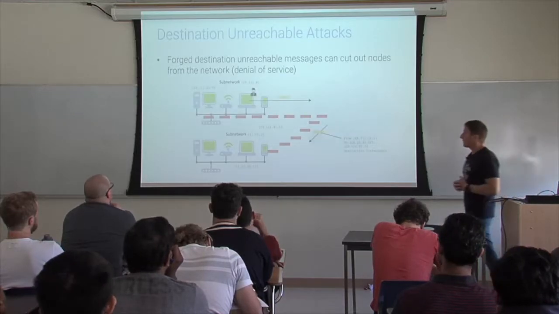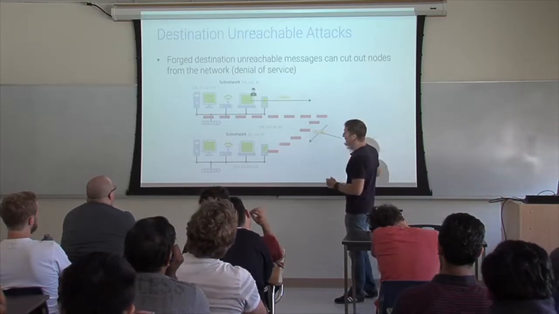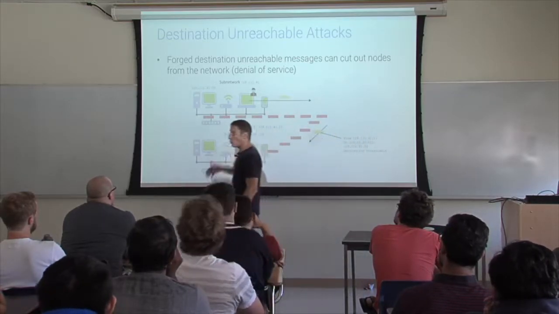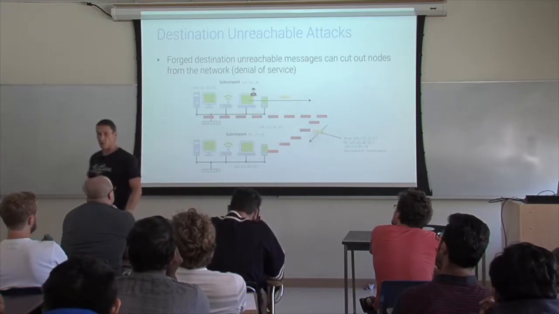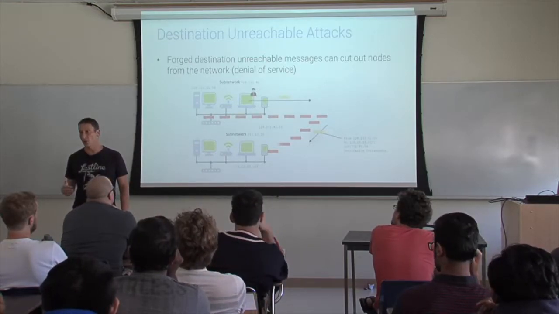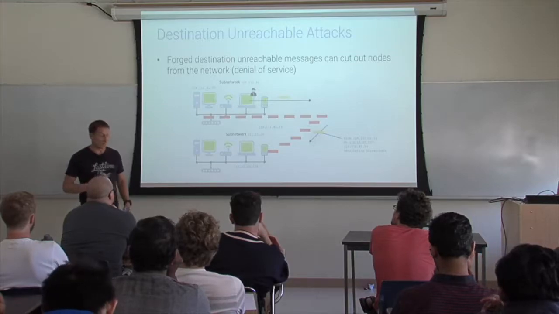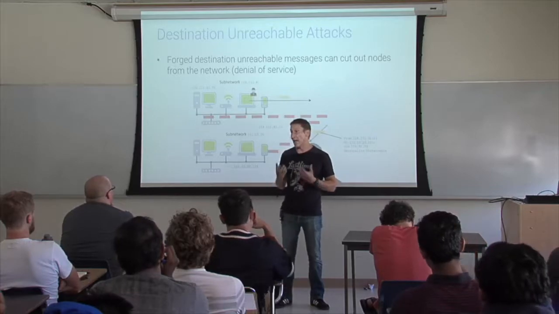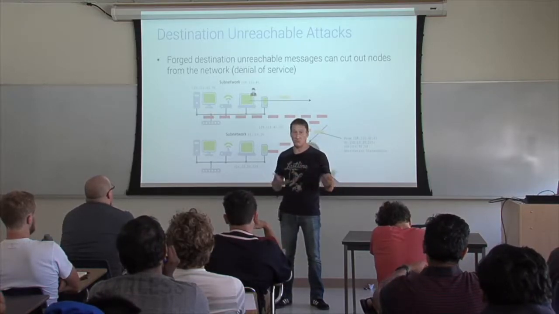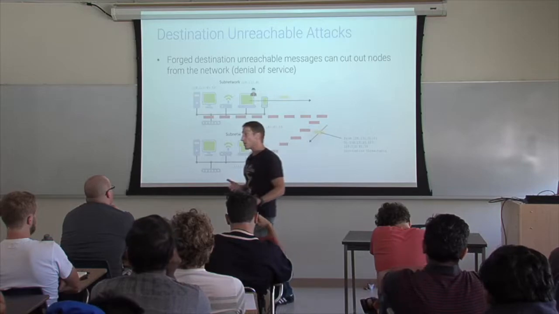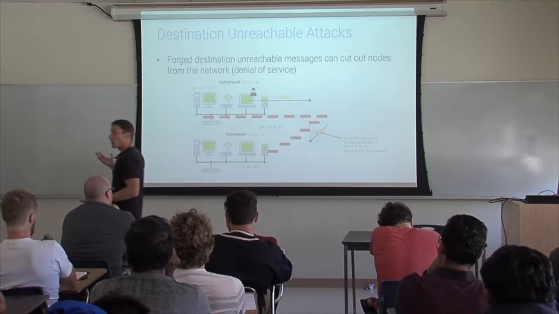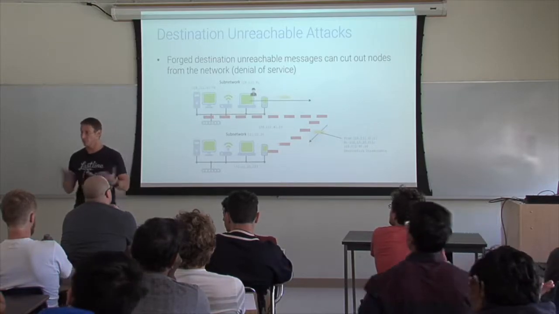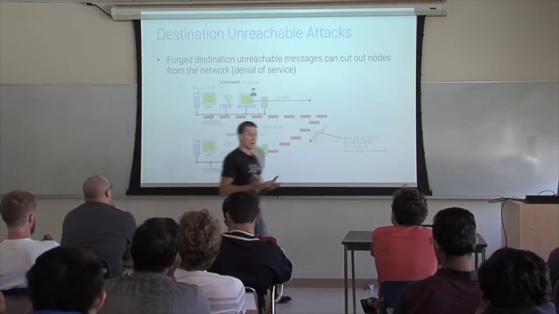Of course, you can use that maliciously by spoofing forged destination unreachable messages that will cause the victim to shut down the communication. And so this, again, becomes a denial of service attack. In this particular case, it's because you're taking an action that is security relevant, like shutting down a connection, based on information whose source is completely unauthenticated. So here you are, another pattern of a security problem.